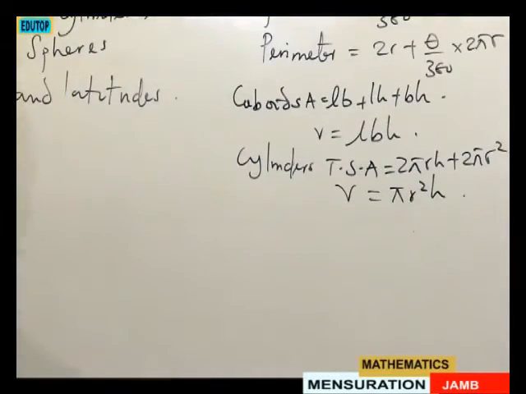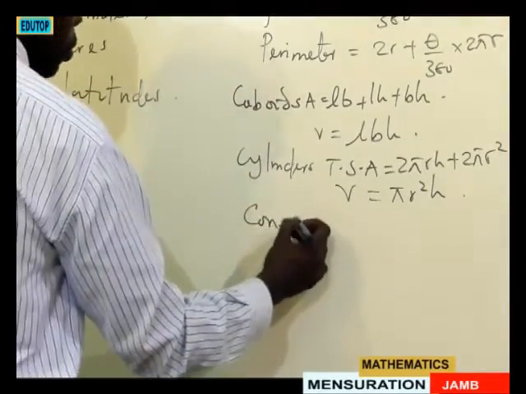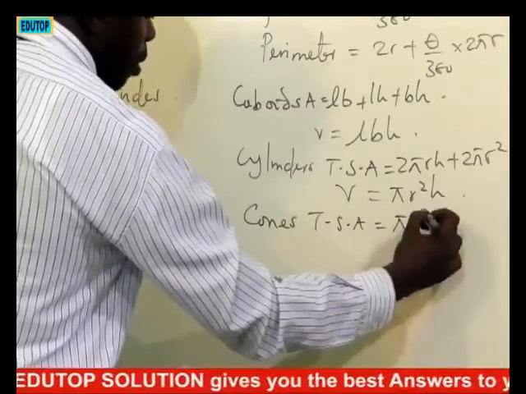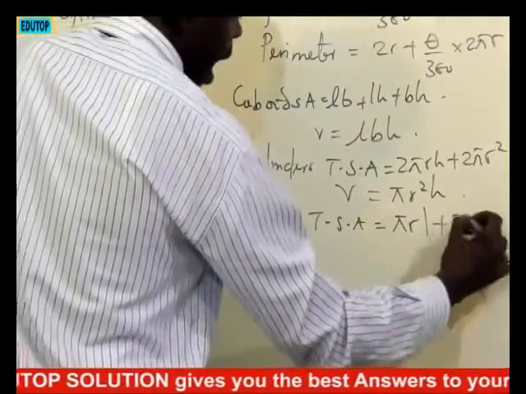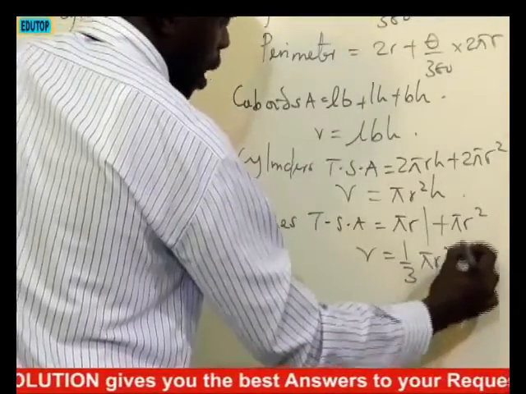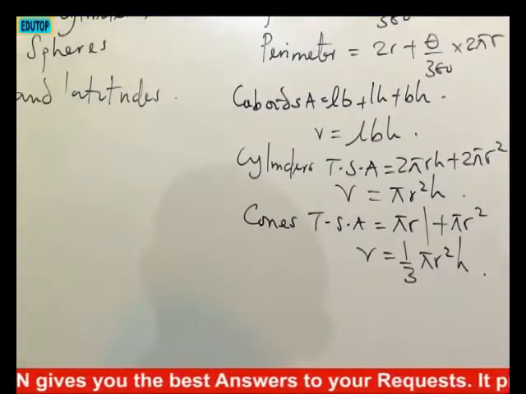Then also, if you talk about the cones, total surface area of a cone is pi RL plus pi R squared. Then the volume is 1/3 pi R squared H. That's the formula for calculating the volume of a cone.